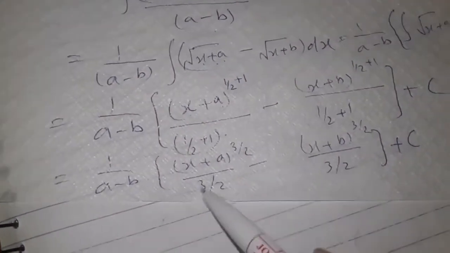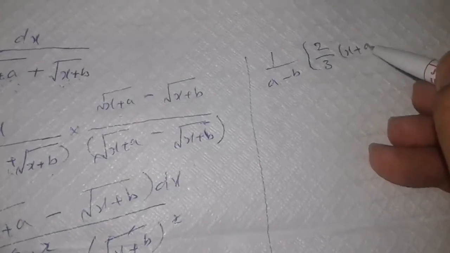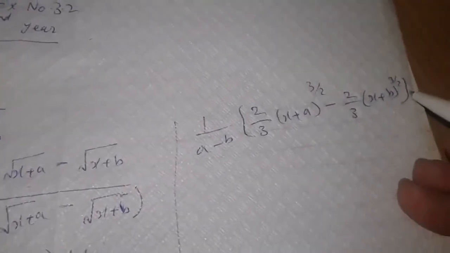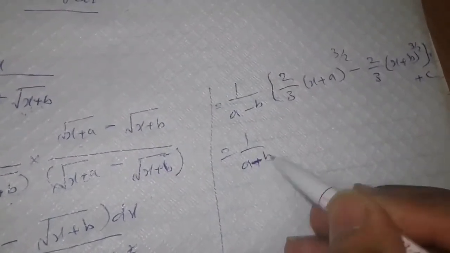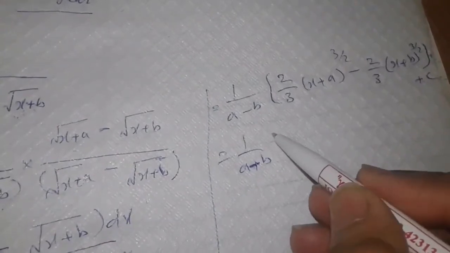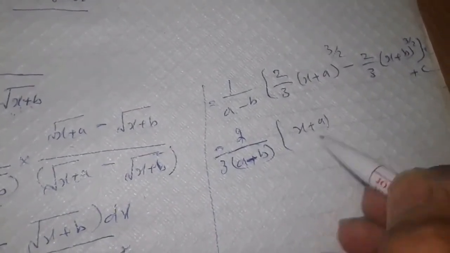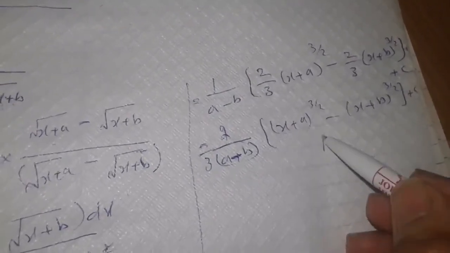So when we take this denominator 3 by 2 upstairs, it will become 2 by 3. 2 by 3 into x plus a power 3 by 2 minus, again for this one, 2 by 3 into x plus b power 3 by 2, plus c, the constant of integration. 1 over a minus b, and this 2 by 3 in both of these terms we can take common, and it will become 2 by 3 like this, and x plus a power 3 by 2 minus x plus b power 3 by 2 is the solution of our function, this one.